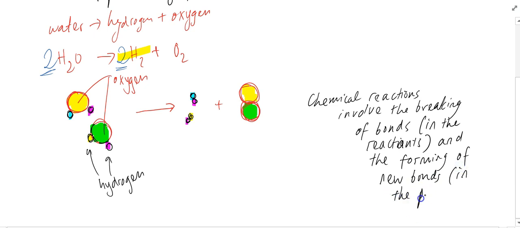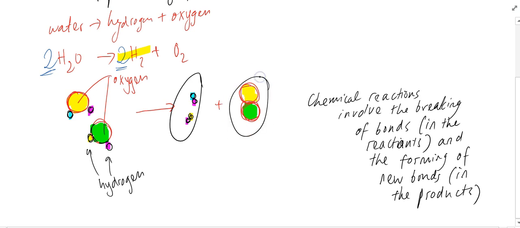With this water splitting reaction, the oxygen atoms in these water molecules are covalently bonded to hydrogen atoms, and these bonds are broken. Those hydrogen atoms then reform new bonds with other hydrogen atoms, as you can see here. And those oxygen atoms with their broken bonds reform new bonds with each other. The oxygen atoms find each other.